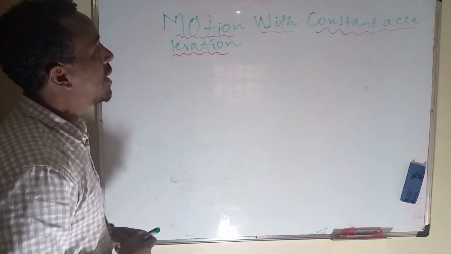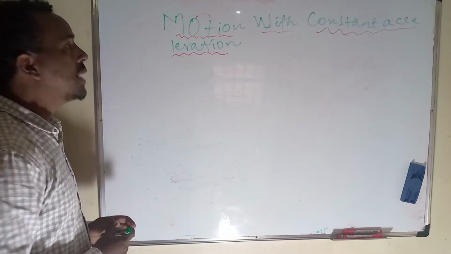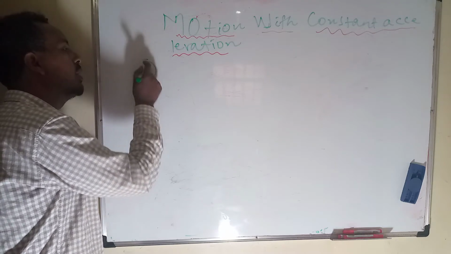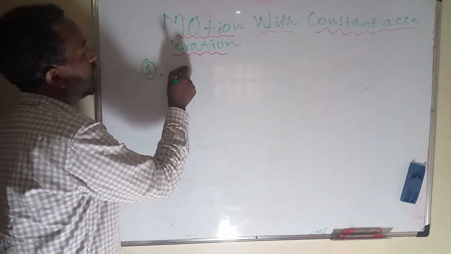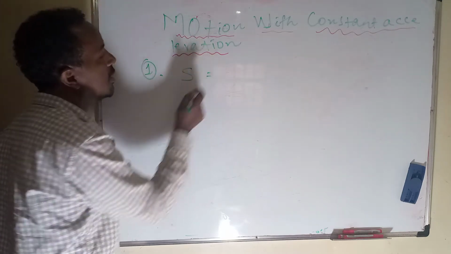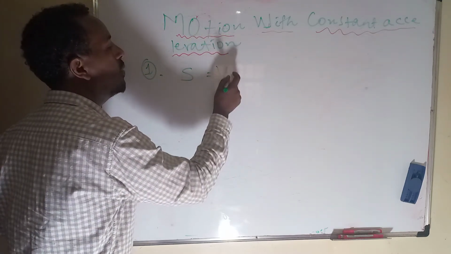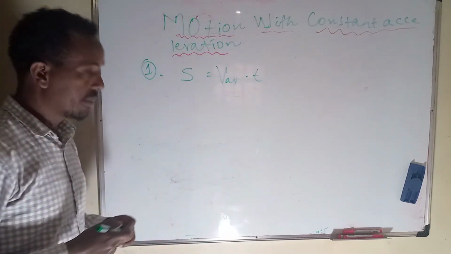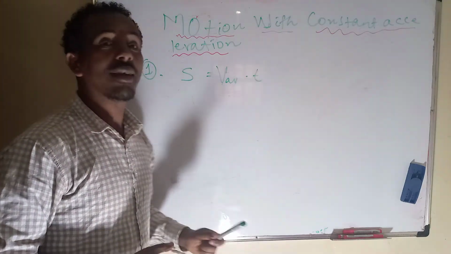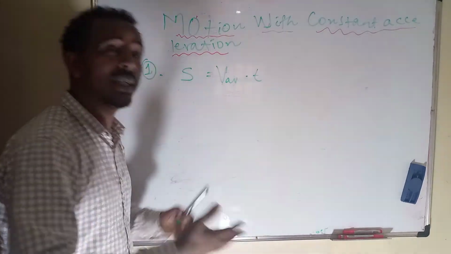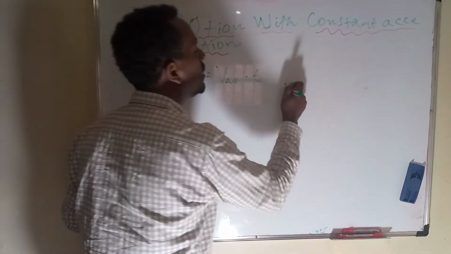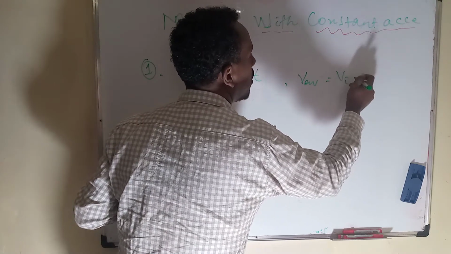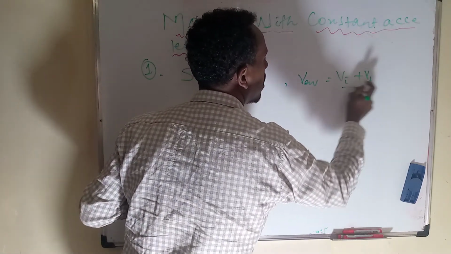So, at constant acceleration, the four fundamental equations of kinematics are as follows. Let's derive the first one. Distance is symbolized by s, which is equal to average velocity times time. For constant acceleration, or when velocity is changing at the same rate, average velocity is equal to initial velocity plus final velocity over 2.